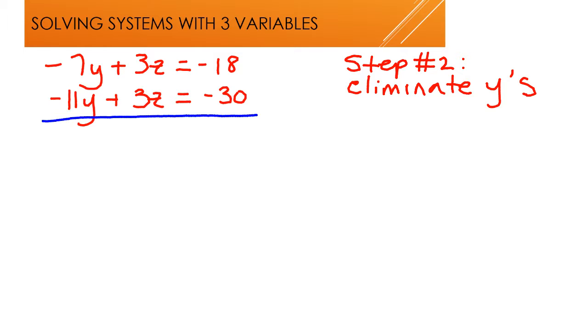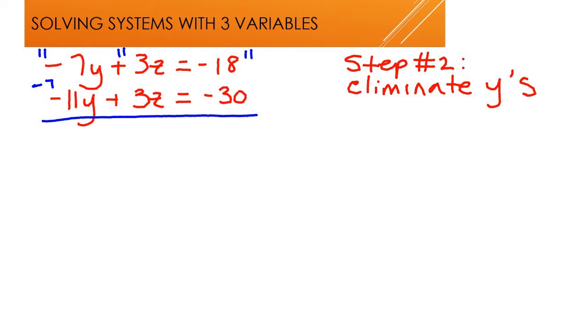So I'm going to eliminate the y's. Okay, so let's go ahead and multiply by 11 here. And then let's multiply it by, how about a -7?